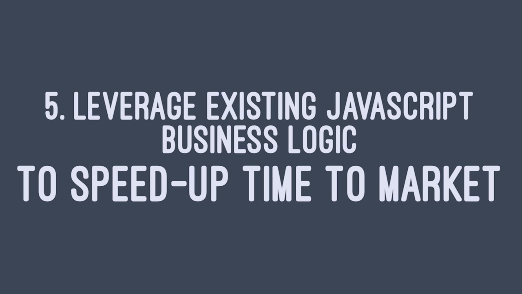Leverage existing JavaScript business logic to speed up time to market. So we already talked about how React applications are composed. They're basically consisted of view components and some business logic. The business logic is basically pure JavaScript. It has no dependency of the DOM, and also it does not depend on any native components.